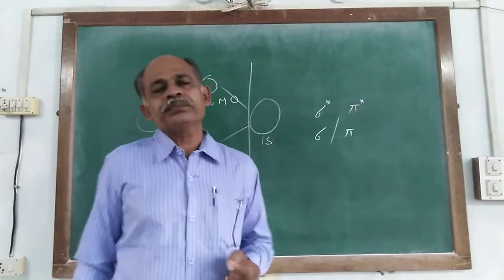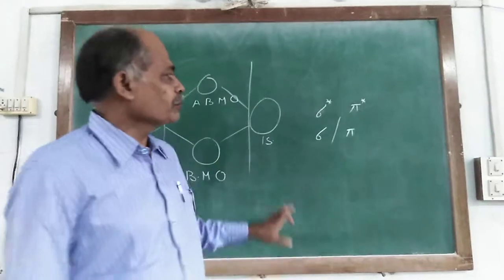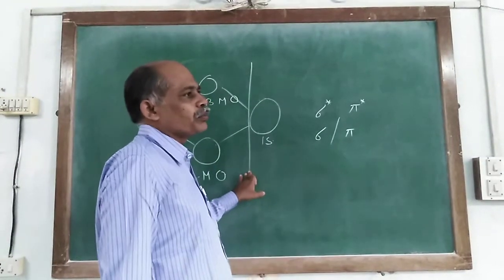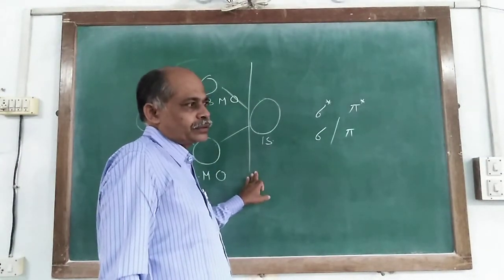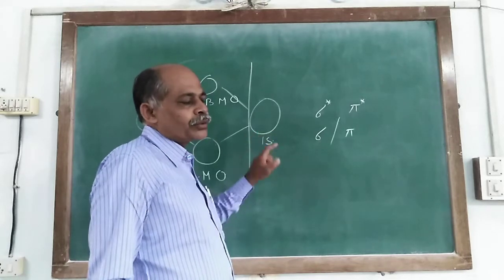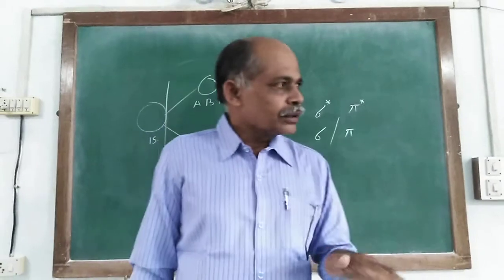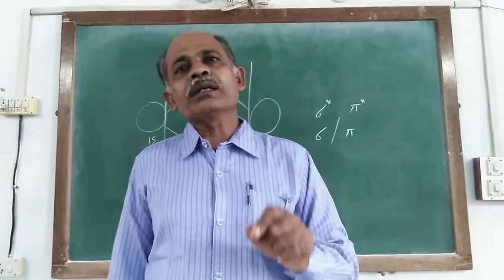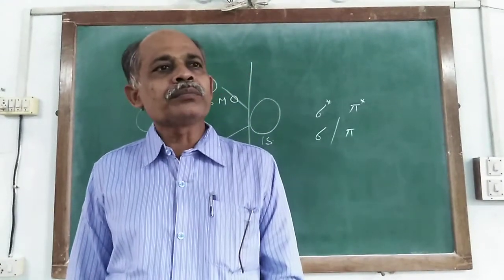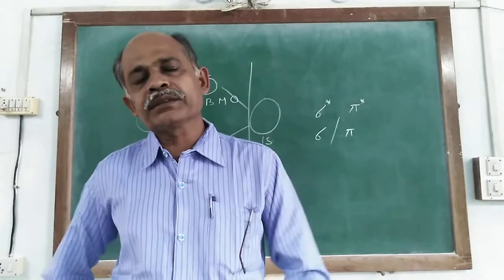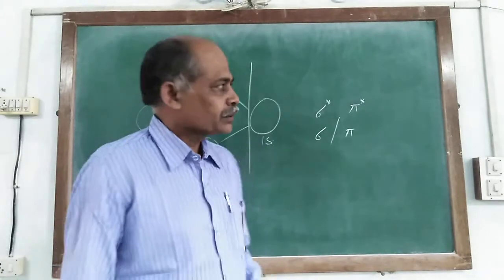The arrangement of electrons in molecular orbitals follows three rules, say the Aufbau rules. First, electrons fill orbitals having the minimum energy.